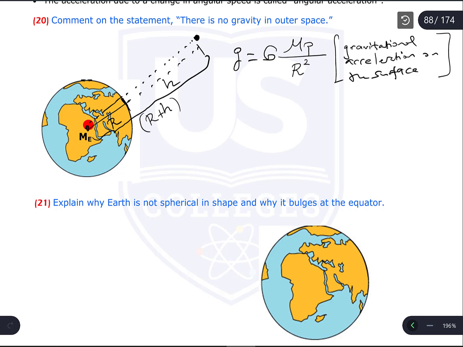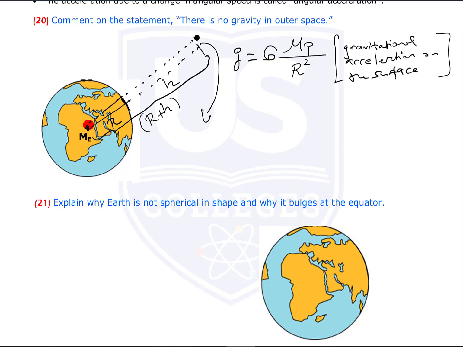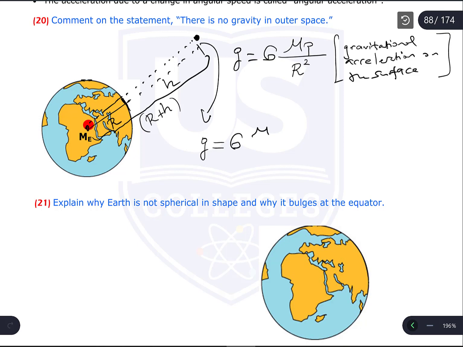Then the equation for free fall acceleration or gravitational field strength in outer space is going to be capital G, mass of planet divided by the distance from the center of the planet to this point, which is r plus h.